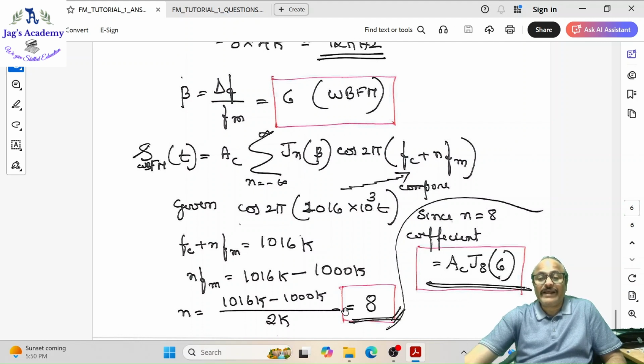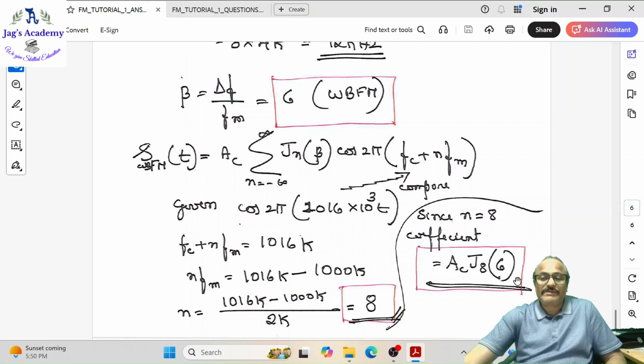You can use your Bessel table and find J8 of 6 for beta value of 6. Suppose J8 of 6 is not available in your table, then you keep the answer as it is, Ac into J8 of 6. This is the answer.